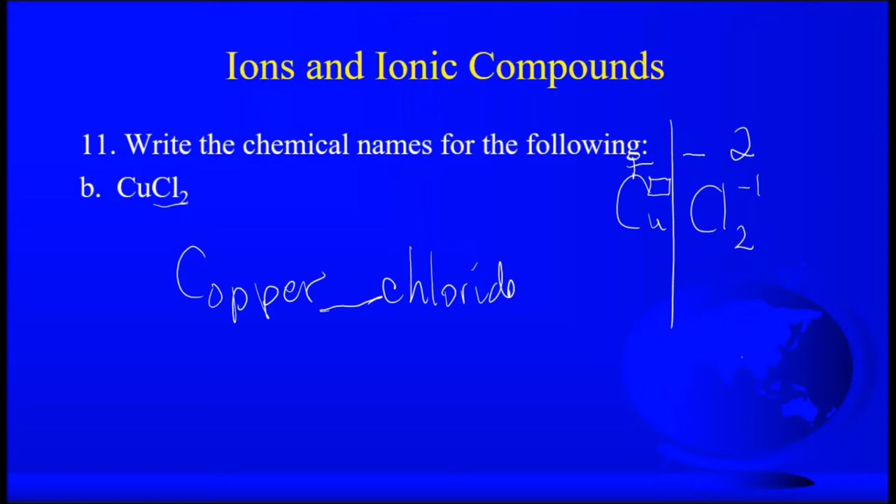If the negative side is -2, what must the positive side have to be? +2. So you have 1 copper, right? Understood, 1. 1 times what will give you +2? Roman numeral 2. Yes, sir. You can do it in your head. I understand that.